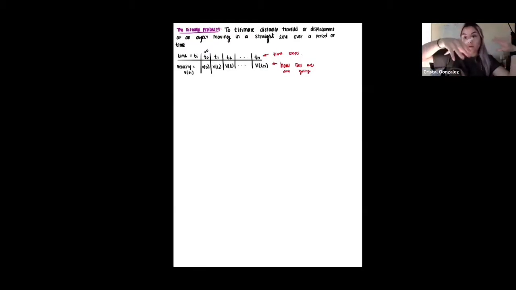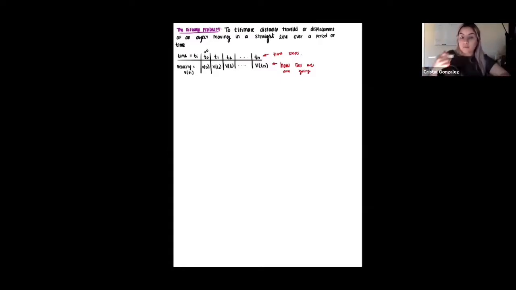Before, when we had derivatives, we were just given the position function and then took the derivative to get v of t. And v of t only gives you how fast you're going at a specific time. But now we want to know overall what that velocity is. So it ends up being the same problem as area under the curve: if you are given a velocity over time, can I find the distance?